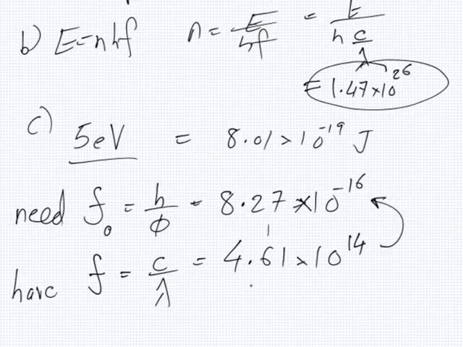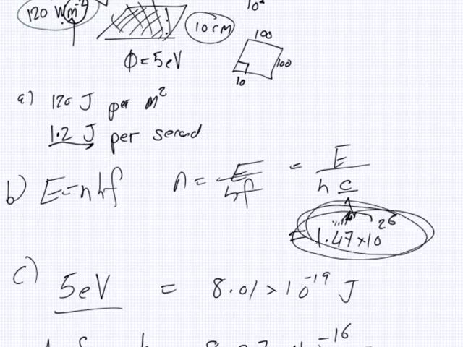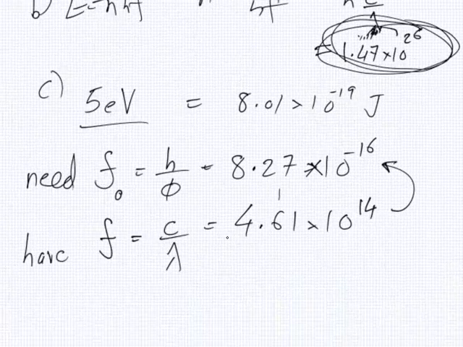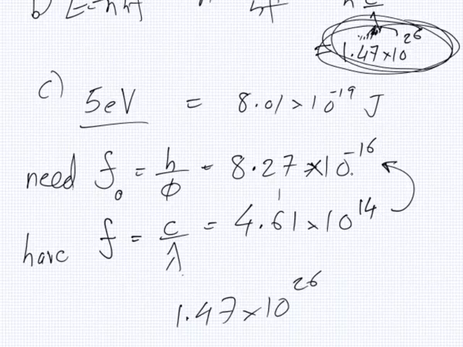So my point is, each of these photons has enough energy to free an electron. So each one should free an electron. So the answer is also this for the last part. So C, it is also 1.47 times 10 to the 26. Each one has enough energy to free it.